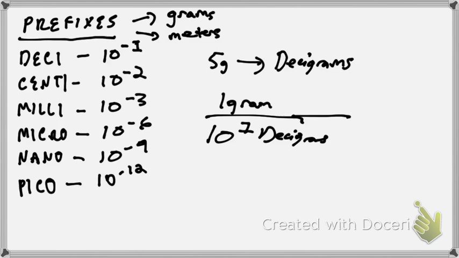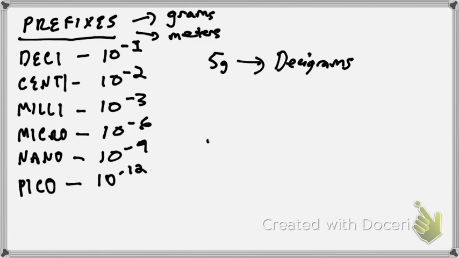Actually, let's write it the other way, it's easier that way. We want to convert, so we have 10 to the 1 decigrams per gram.